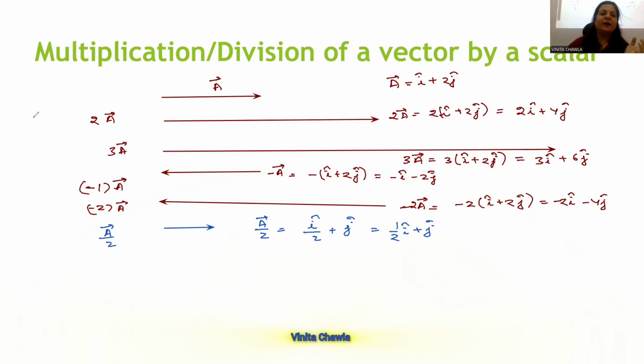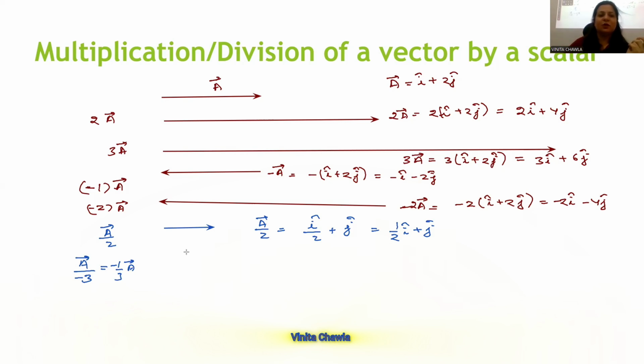And what if we divide this vector by minus 3? Then we will get minus 1 by 3a. Now what will happen?